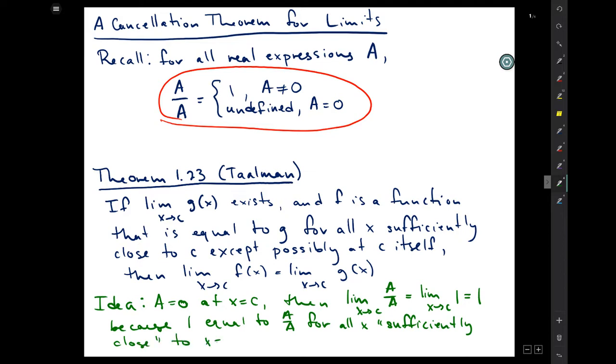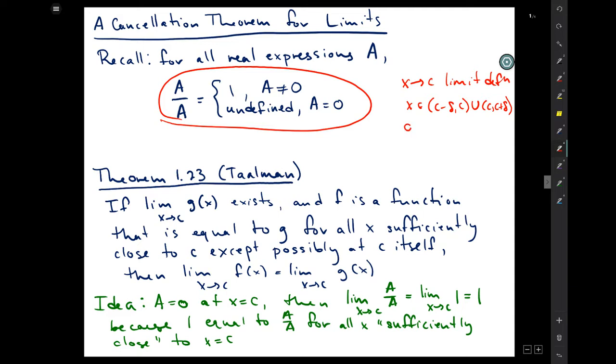to x equals c. And I'll just remind you that when we take this limit as x approaches c, in the definition, we have that x is within the interval c minus delta to c union c to c plus delta.